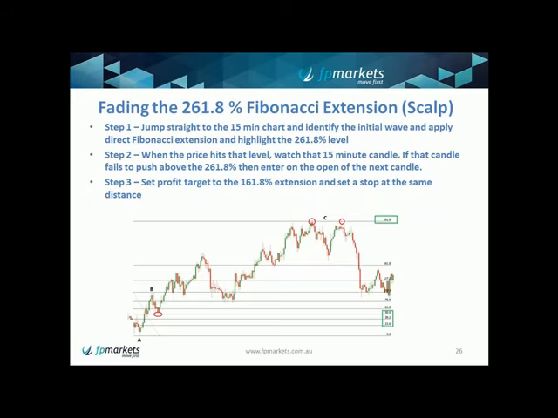So here are the rules that I look at. Jump straight onto a 15-minute chart to identify the initial wave up, then apply the Fibonacci extension and highlight the 2618 level. Highlight the level and then wait for it to hit.